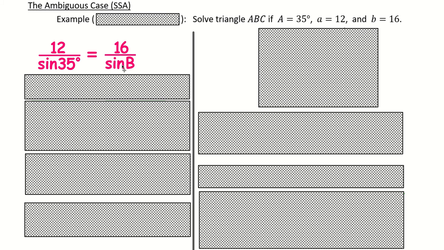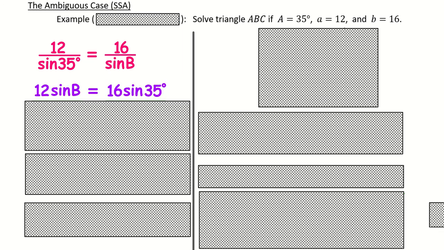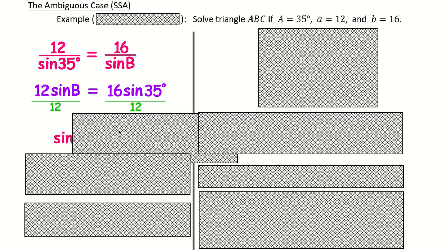An inverse sine is in our future, which means we're going to have to consider 2 answers. And I wonder what's going to happen with that. So, same old stuff. We cross multiply. 12 times the sine of b equals 16 times the sine of 35.